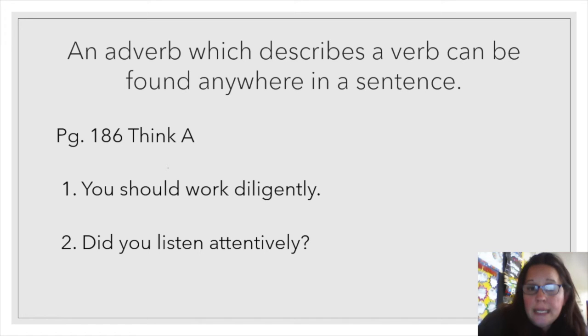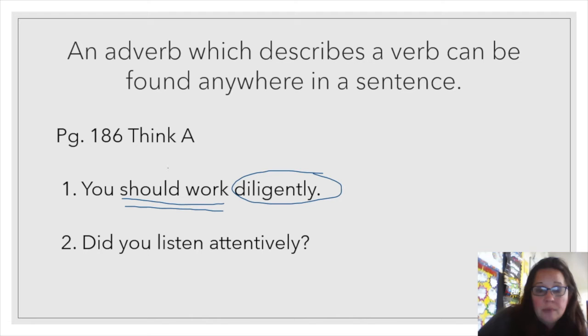On page 186, Think A, it says, you should work diligently. Well, the first thing you're going to do is find the verb and underline it 2 times. Then you're going to circle the adverb, which in this case is diligently. Now the question you're asking: how did they work?